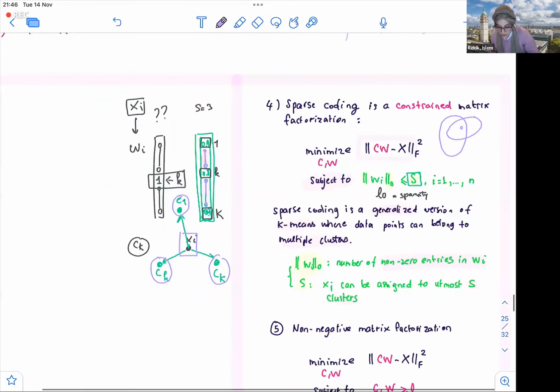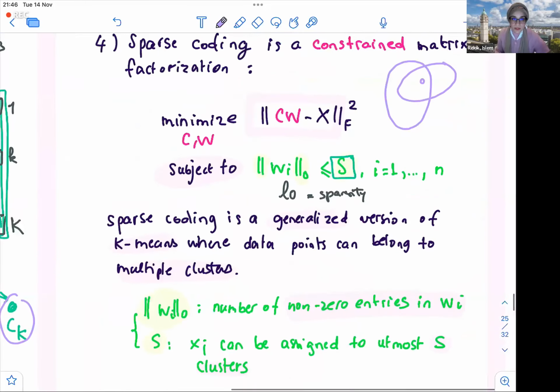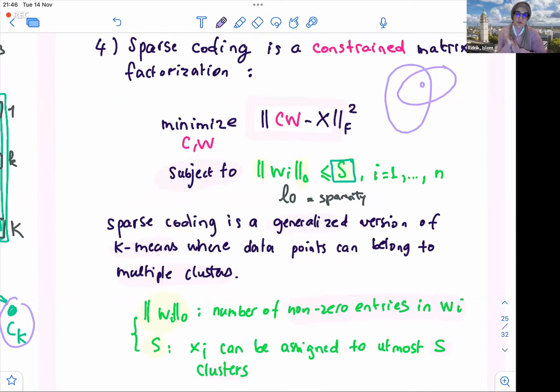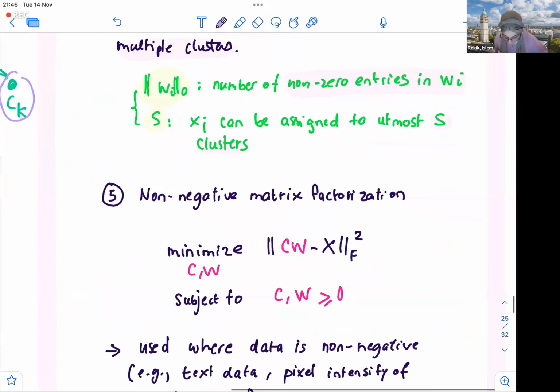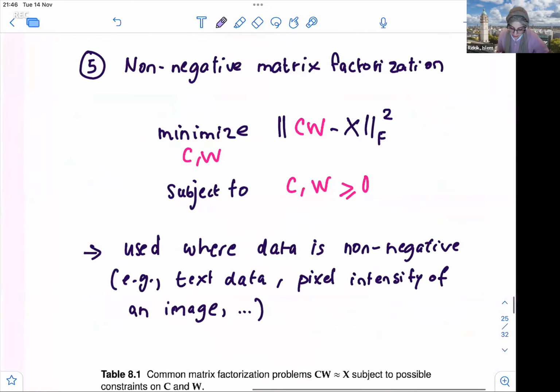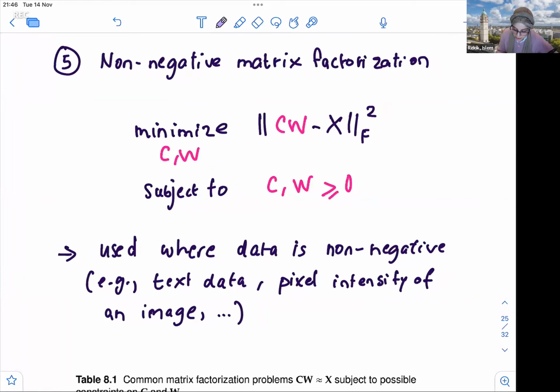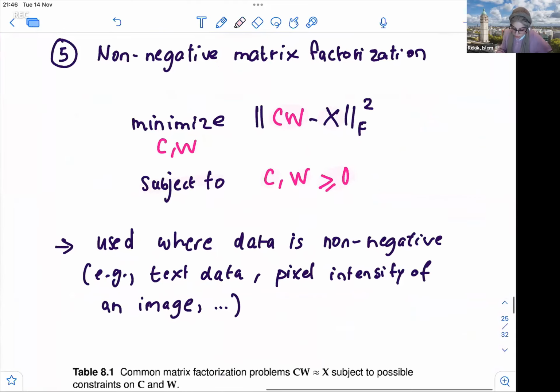You can also see that sparse coding and sparse representation is a matrix factorization problem. The last one is non-negative matrix factorization, which means we can factorize a matrix X into CW, subject to C and W being positive. So it's non-negative factorization, and this is used everywhere.